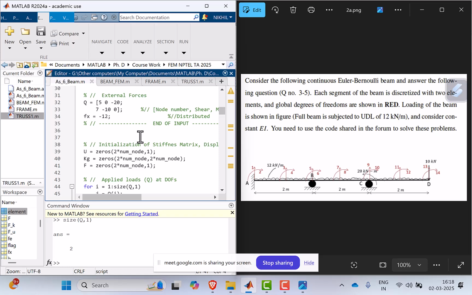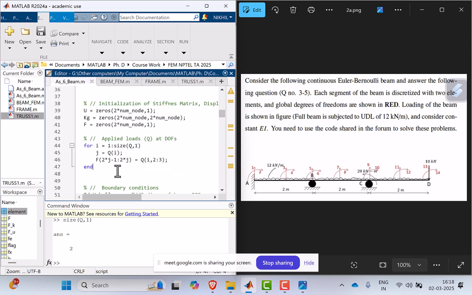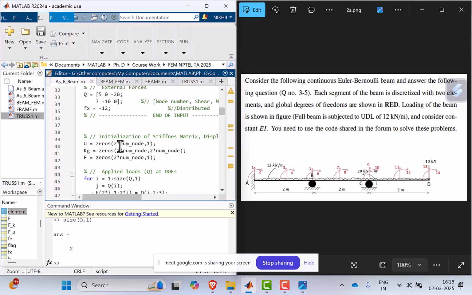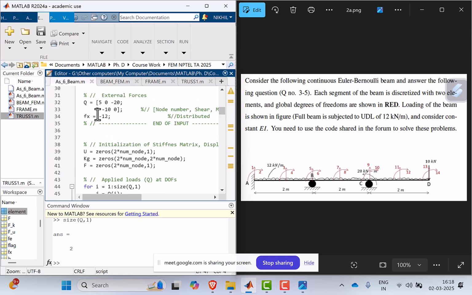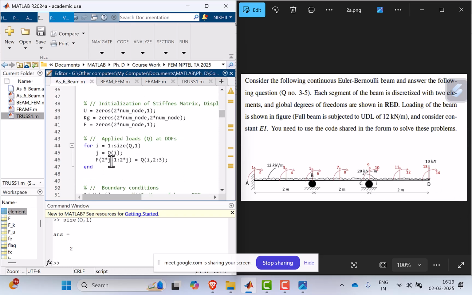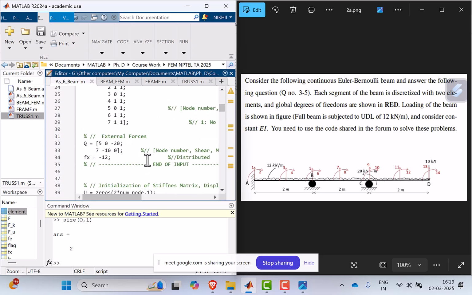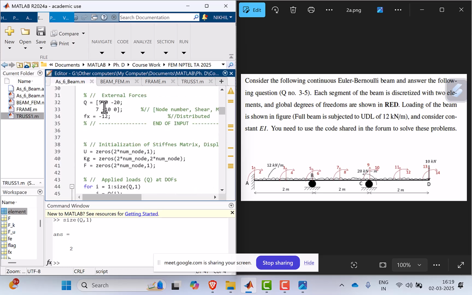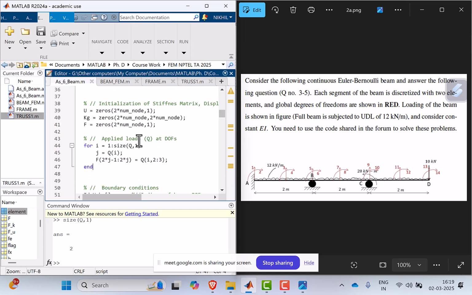Similarly, when it runs for the second one, it will go with 7, and for 7 it will be 13 and 14, which we get from this formula, and it will fill F13 as -10 and F14 as 0. The rest of the entries will be 0 force, which is already done when we set F as 0.